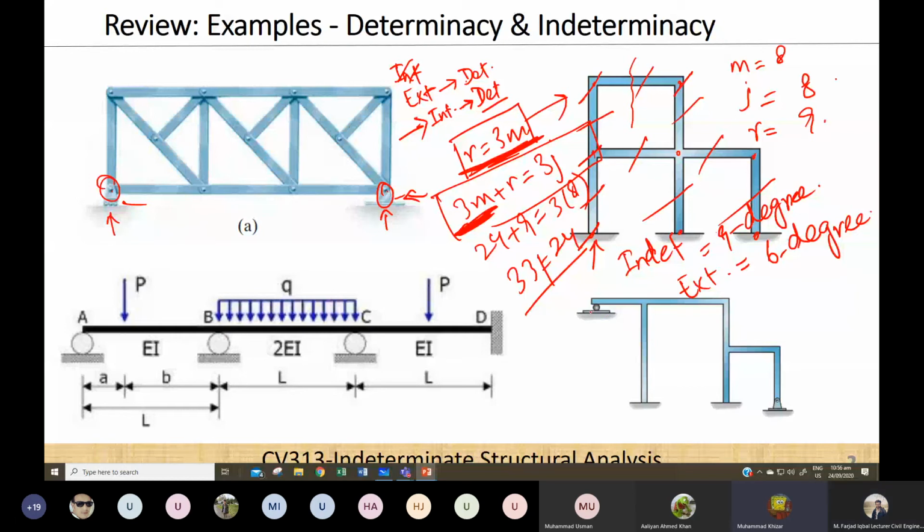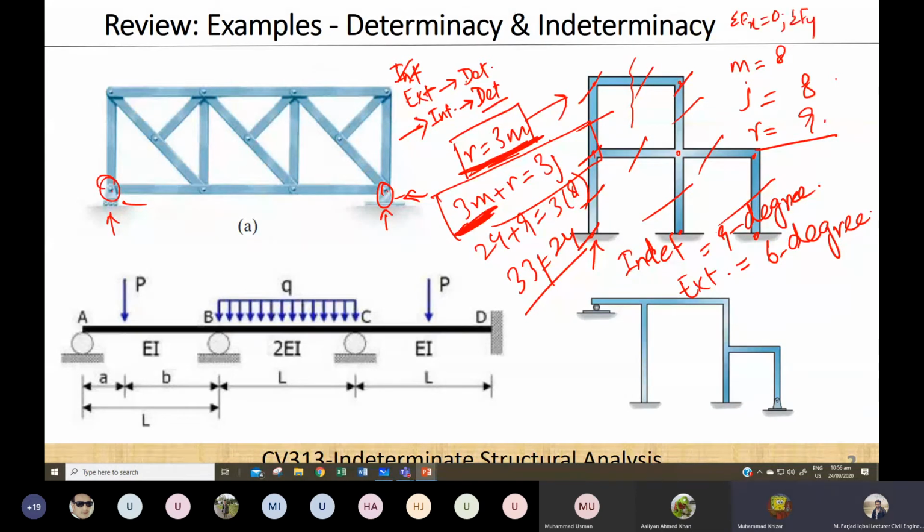सर एक्सटर्नली 6 डिग्री कैसे होगा ये समझ नहीं आया। How many reactions we have? 9 reactions. How many equations of equilibrium we have? Sigma fx is equal to 0.